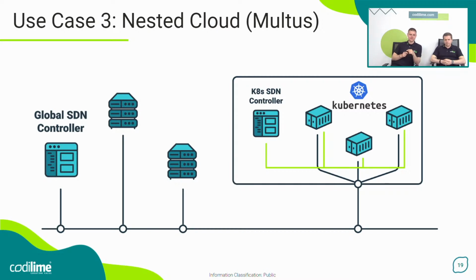So that way, when you have traffic outside of the cluster, you use the global SDN, but when you have traffic inside the Kubernetes cluster, you use the Kubernetes SDN controller. So, assuming that, for example, you lose connection from your Kubernetes cluster to the rest of the infrastructure, you still have a running service which communicates using the SDN.